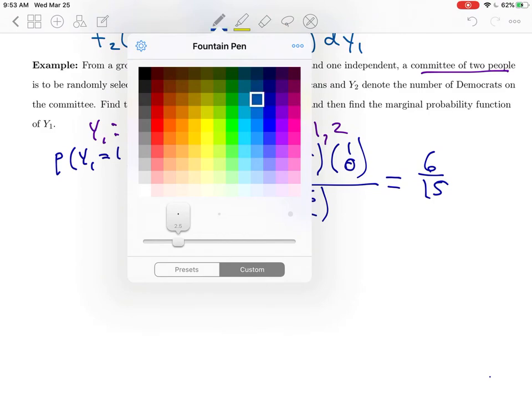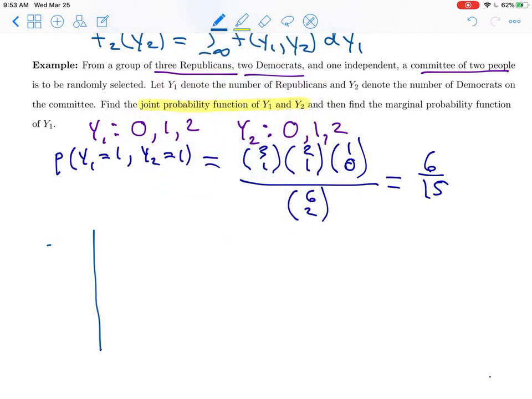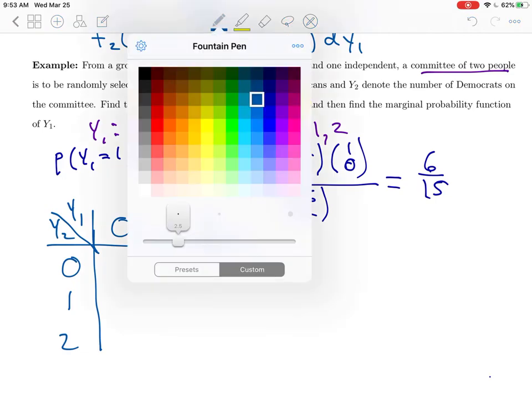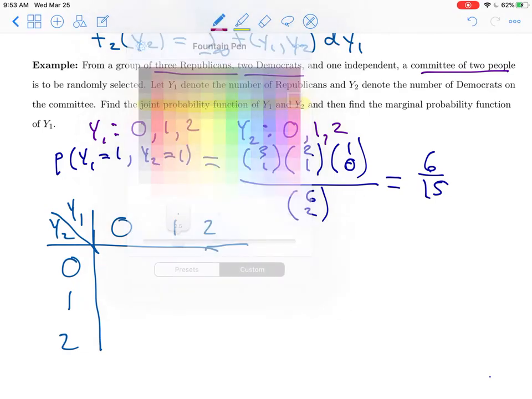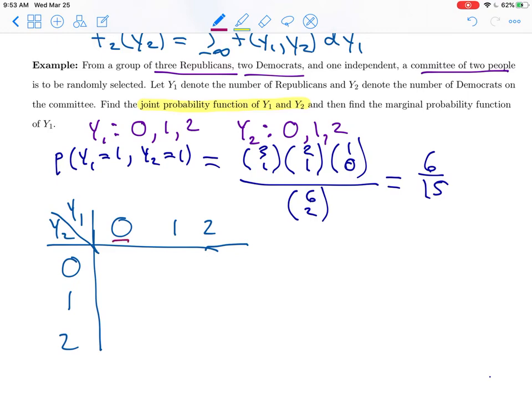All right, and so if we did this process over and over, our values of y1 and y2 could be either 0, 1, or 2, and 0, 1, or 2. The probability that we have 0 Republicans and 0 Democrats on this 2-person committee is 0, because we have only 1 independent, and so we would only be able to have 1 person on the committee.